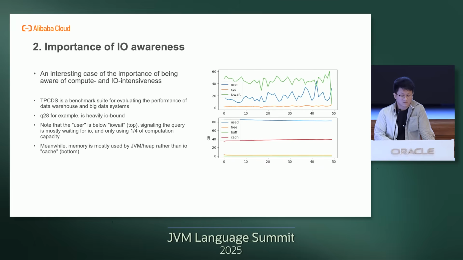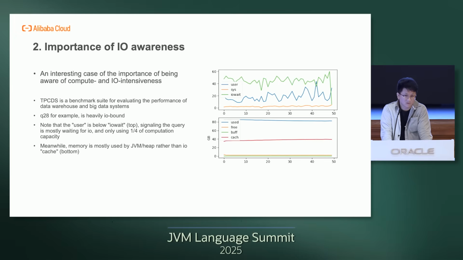And a second point we're trying to make is the importance of I/O awareness. We have here an interesting case of the importance of being aware of compute and I/O intensiveness.